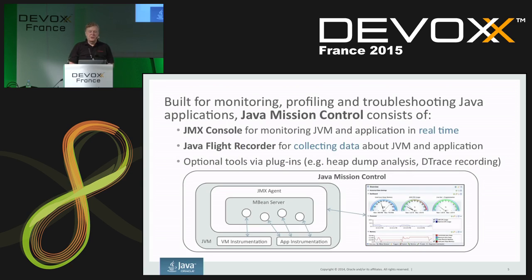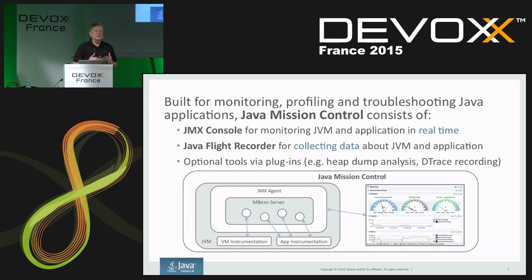Java Mission Control actually consists of two different parts. One is the JMX console, and that's for monitoring the JVM and applications in real time. So if you want to see what's going on inside of the JVM or inside of an application in real time, you use the JMX console.